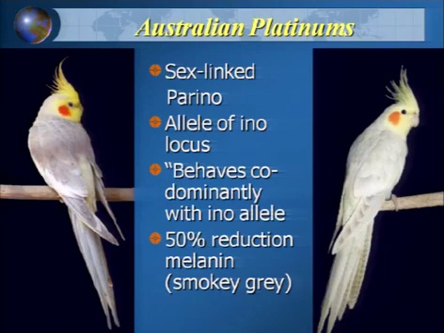They are sex-linked, so that means that basically they're on the locus. And because of that, when you breed them with Lutinos, you'd be donating one Australian platinum gene and one Ino gene, and they act codominantly together just in behavior.